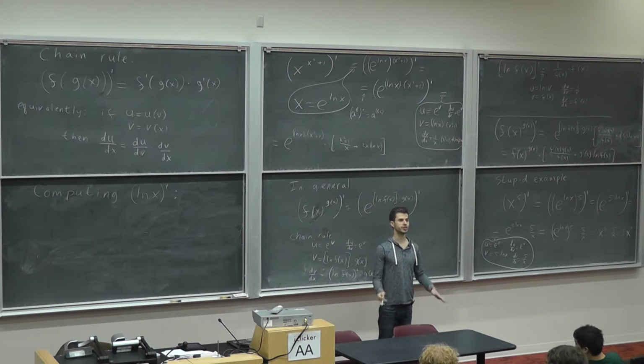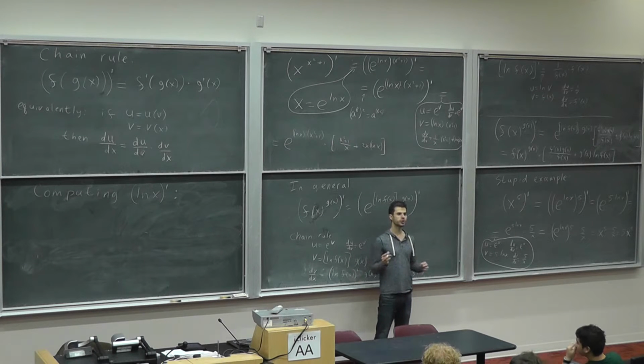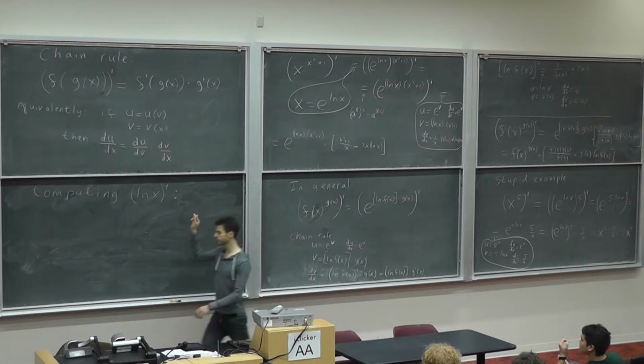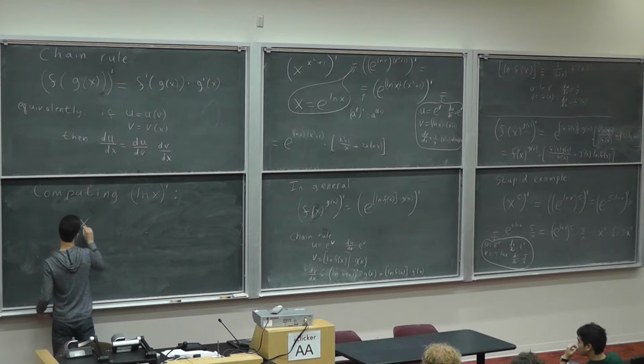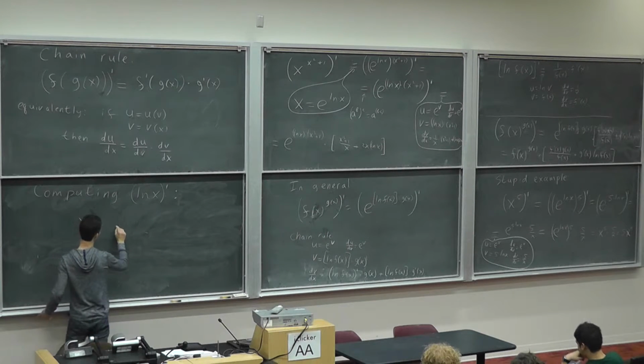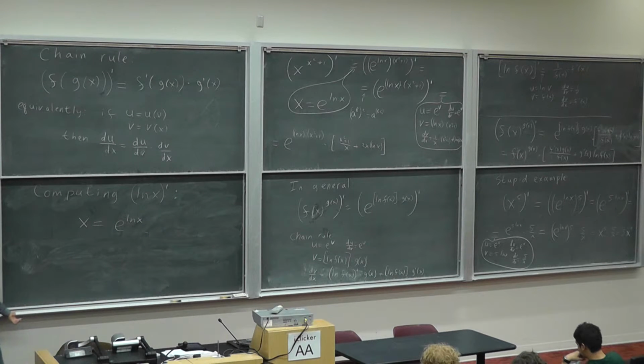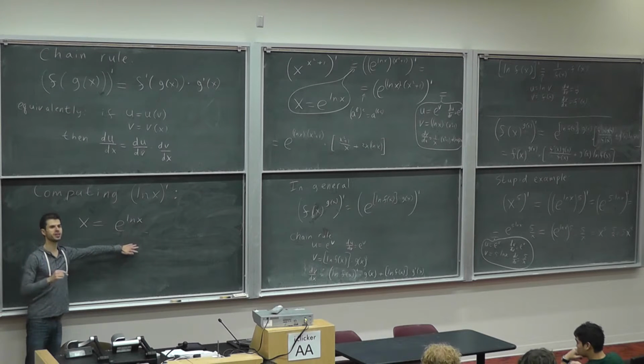Well, here's the trick. We define logarithm of x to be the power to which you should raise e to get x. So logarithm of x was basically defined by such an identity. x is exactly the same as e raised to the power ln x. Well, this identity holds for any x.